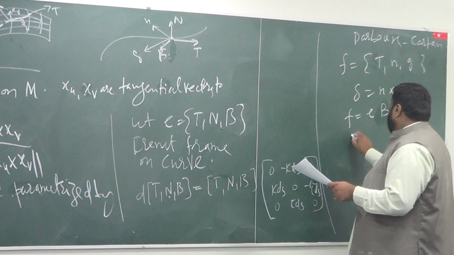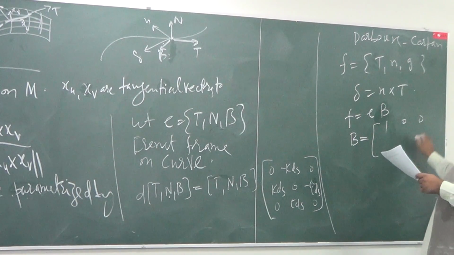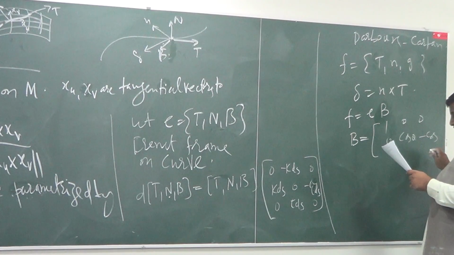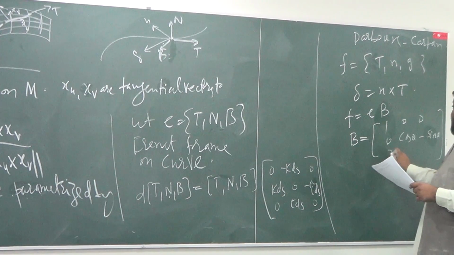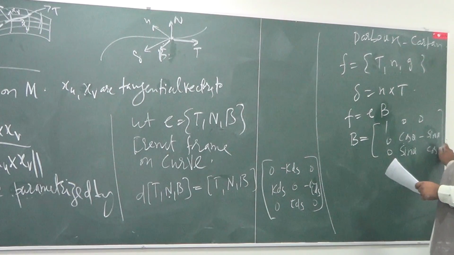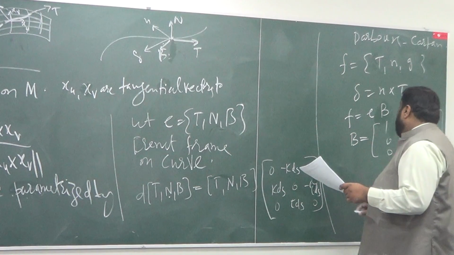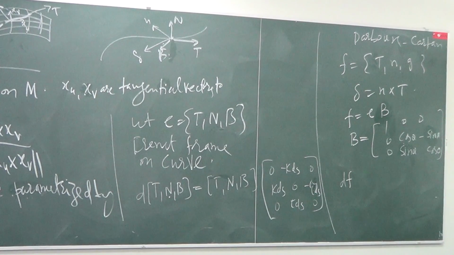So I know F and D. So B is basically 1, 0, 0, then 0, cos theta, minus sine theta, and 0, sine theta and cos theta. So in other words, I can take one frame and rotate it so that I can convert one into the other.